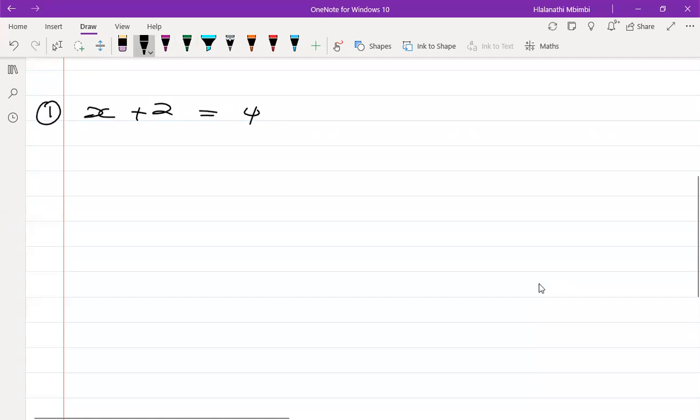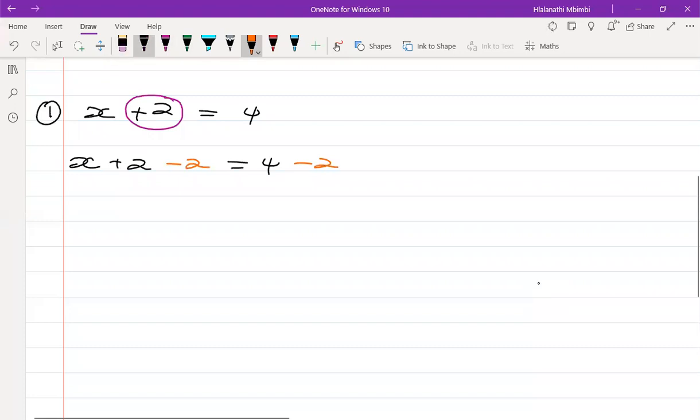Now, the idea at which you solve this is that you want to isolate x as much as you can. So next to x at the moment, we have this guy. And what we have to think about is, how do we get rid of that? One thing that we do is to subtract it, subtract it from this side and subtract it from this side.